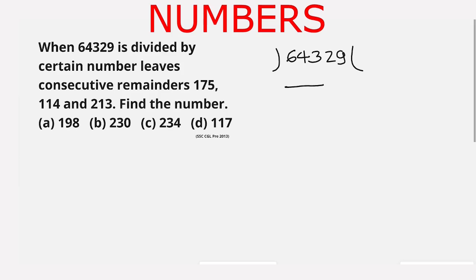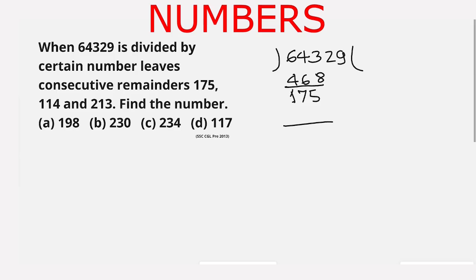Now the first consecutive remainder is 175. On subtracting 175 from 643, we get 468. Or in other terms, on subtracting 468 from 643, the remainder is 175.